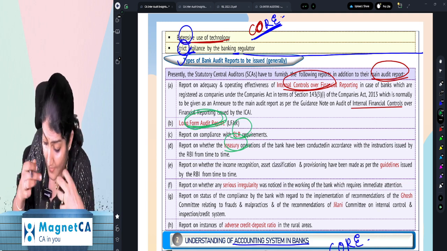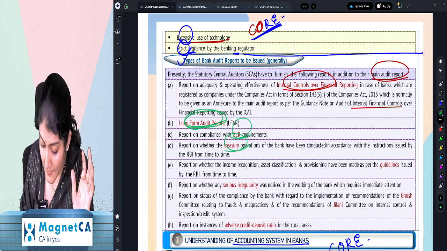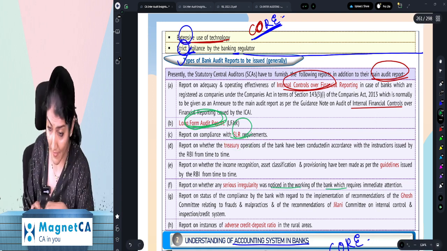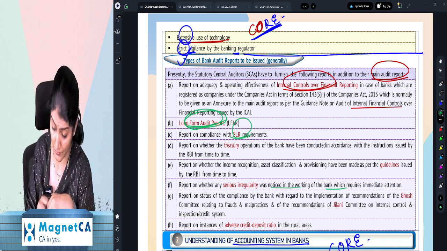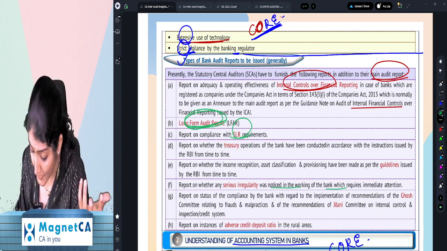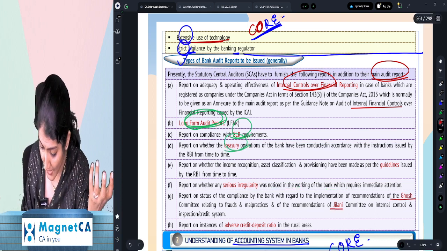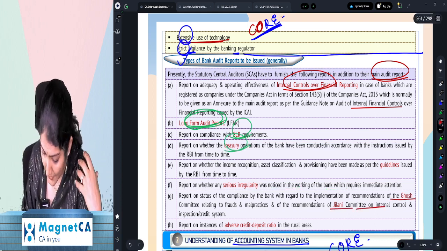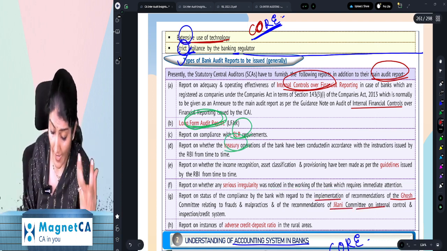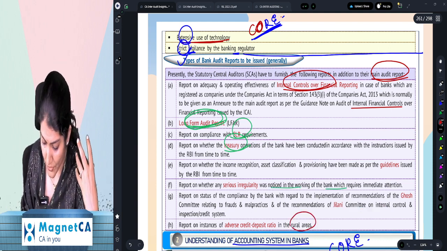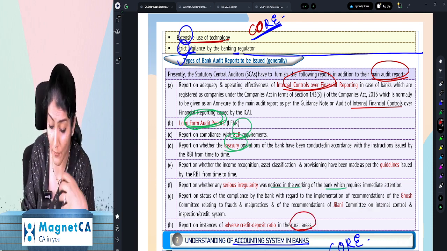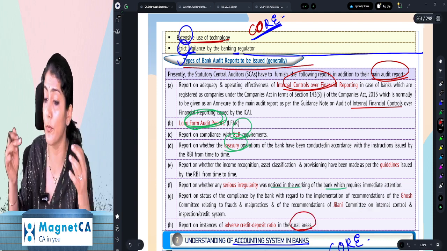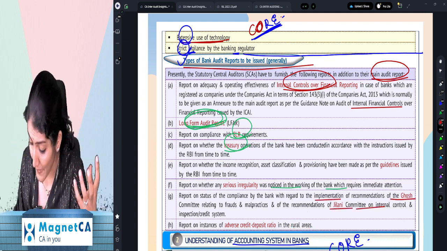Then whether there is any serious irregularity which has been noticed in the working of the bank. Even that report is to be issued. Then report on the recommendations of the Ghosh committee and the Jilani committee, whether those recommendations have been implemented. And any adverse credit deposit ratio in the rural areas. Right? So types of bank audit report to be issued generally. So what is the main bread and butter?